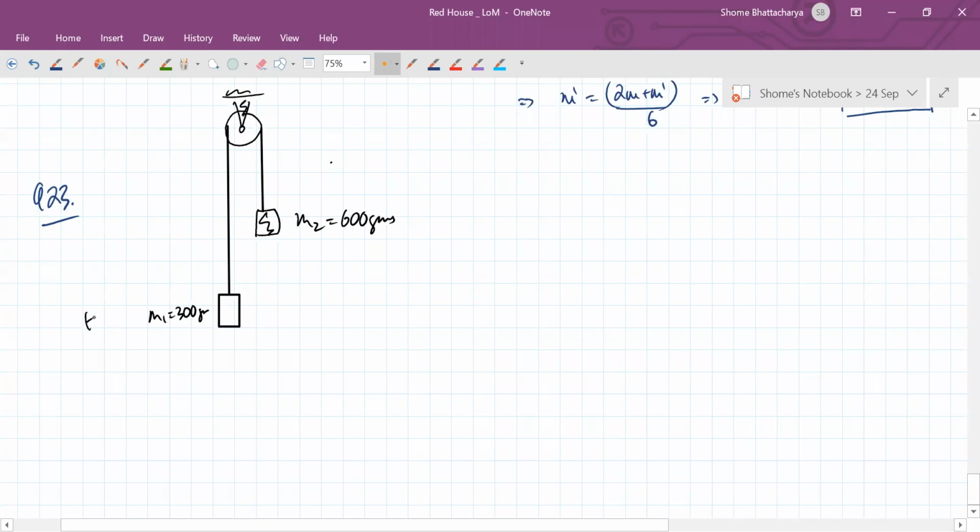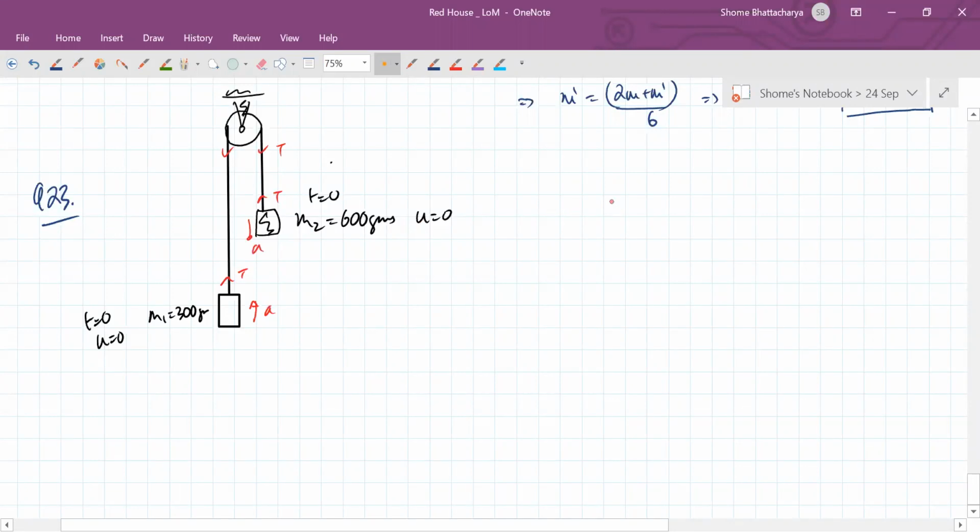Now this is where it started from at t equal to 0, where both the blocks were at rest, but the thread was taut. So the moment you release it, the thread develops a tension. Okay, and the simple Atwood machine, so this goes up with a, this comes down with a. So you have the standard equations.